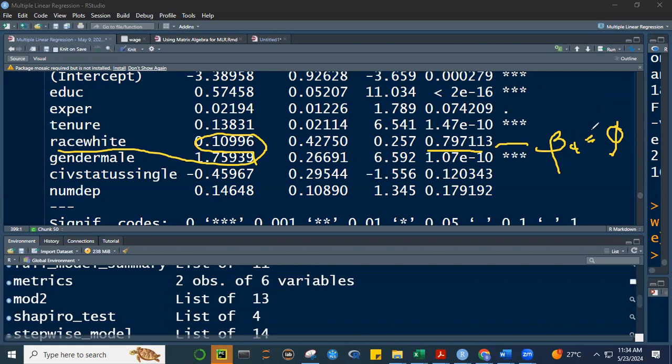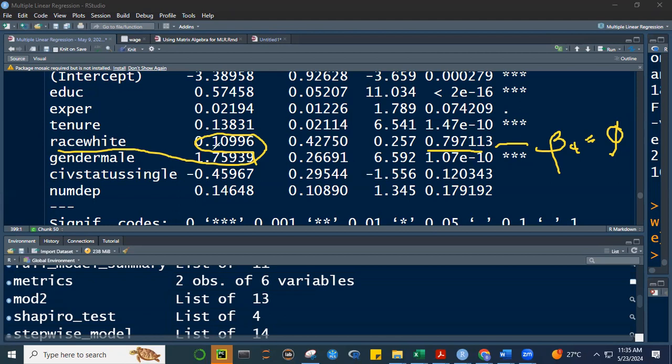There's strong reason to believe that there's no effect, no distinction between being white and being non-white. That's the meaning of this. Because we're saying that beta is equal to 0, it means that there's no impact on the hourly wage if you're white or if you're non-white.